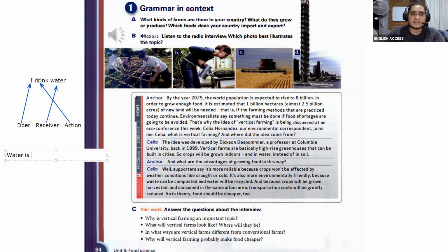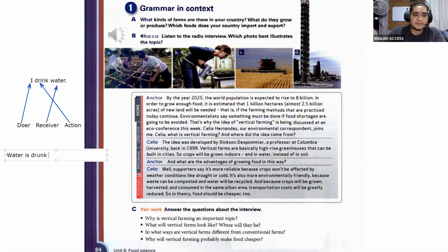So the action is drink. Now, for the passive voice, we have to put the verb into the past participle, correct? So what's the past participle of drink? Drunk. Drunk, very good.